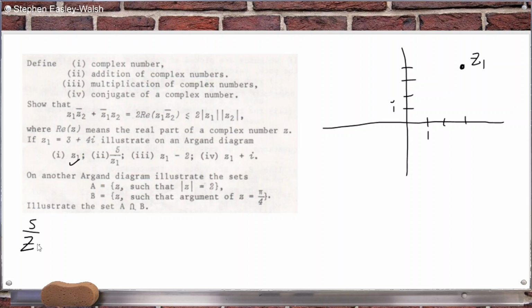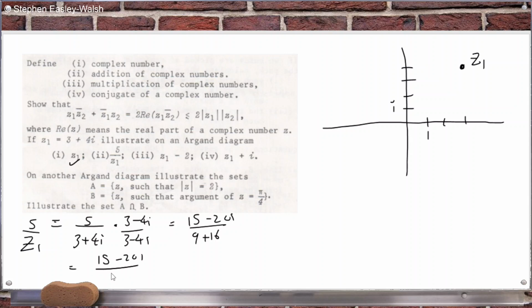Then 5 over Z1 is 5 over 3 plus 4i. Multiply above and below by the conjugate. So that would be 15 minus 20i over 9 plus 16. So that's 15 minus 20i over 25.